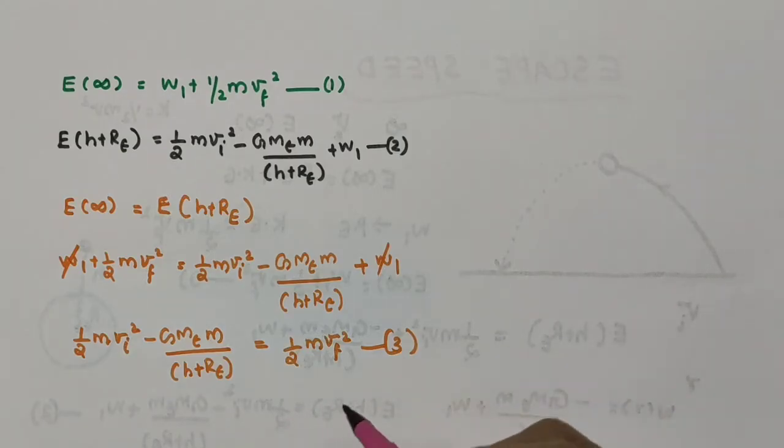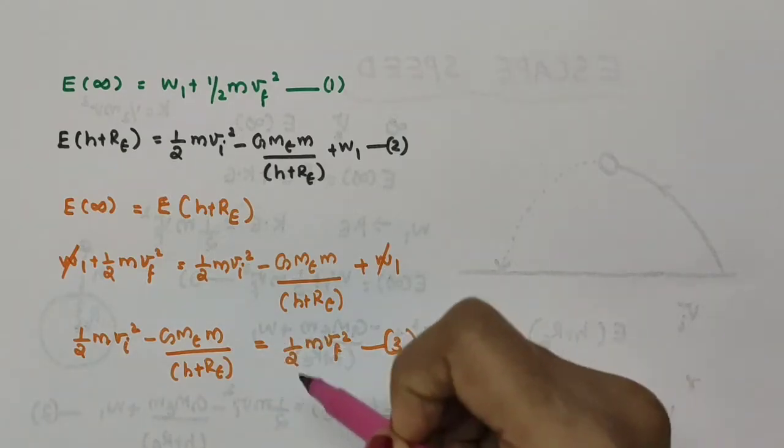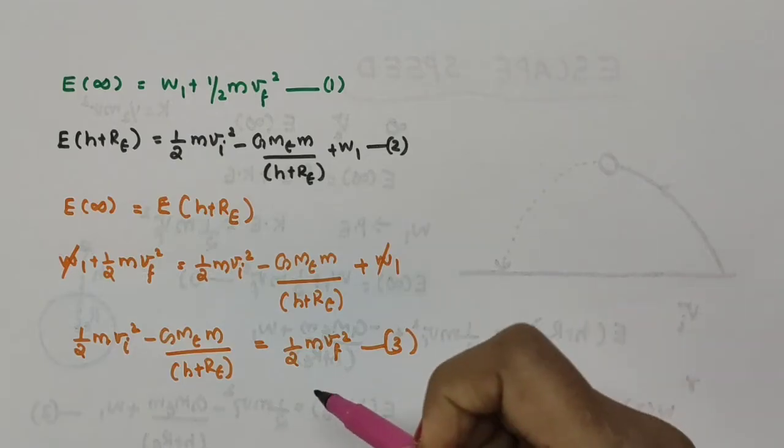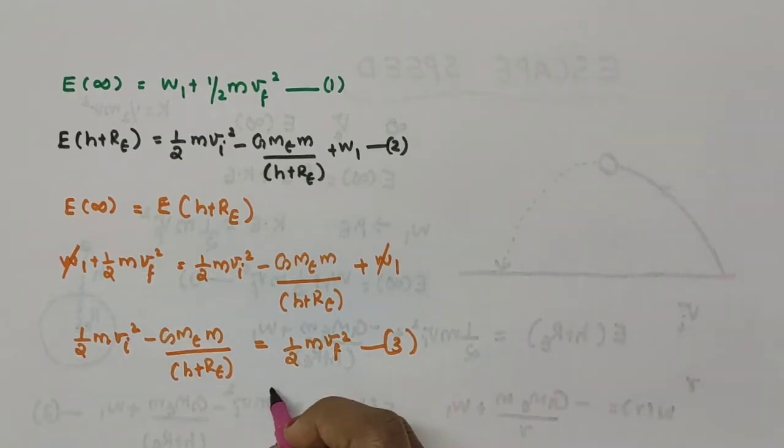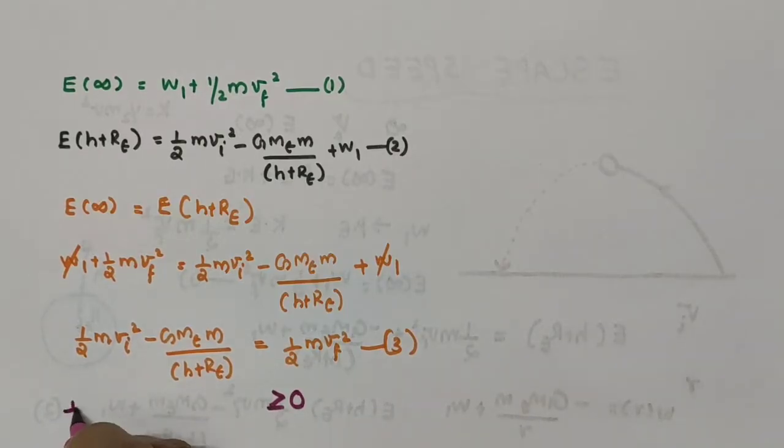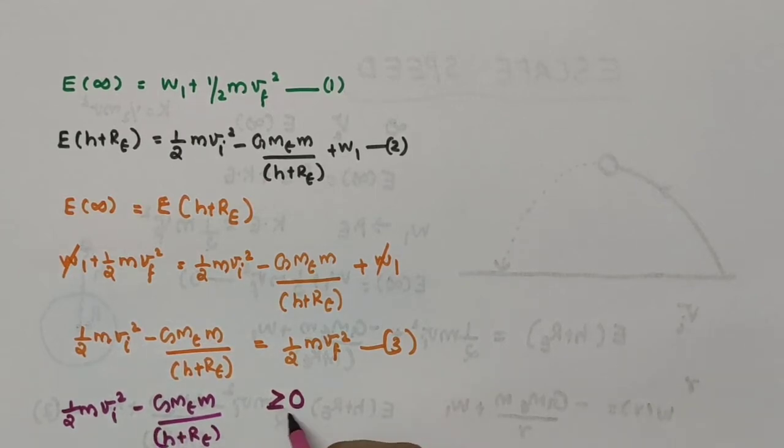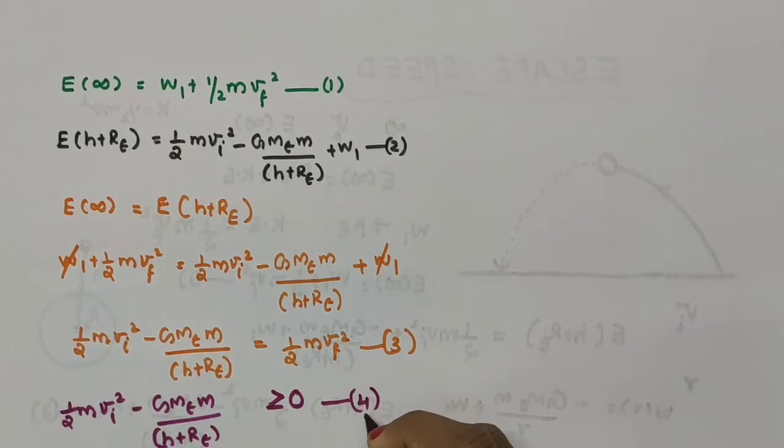So the minimum value possible for this RHS is actually 0. It can't be negative. Okay, so we can write RHS is greater than or equal to 0. That is, we can write half mvi square minus GMEm divided by H plus RE is greater than or equal to 0. And I am taking this as equation number 4.